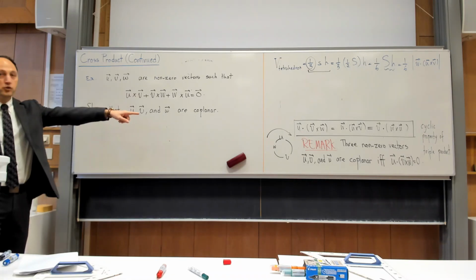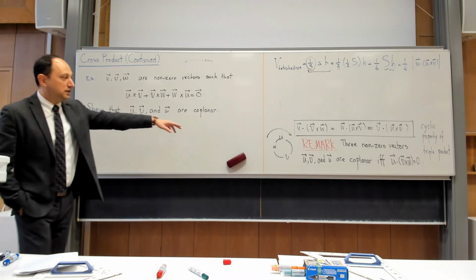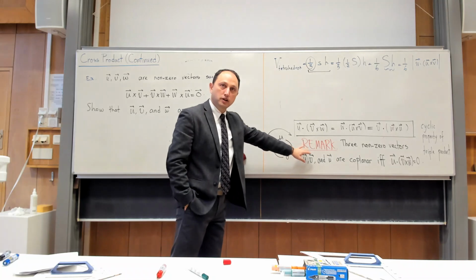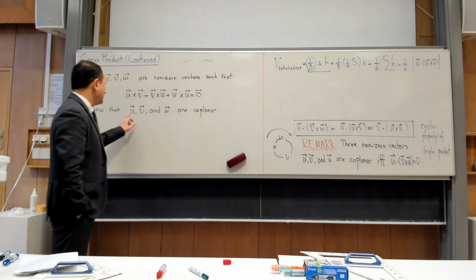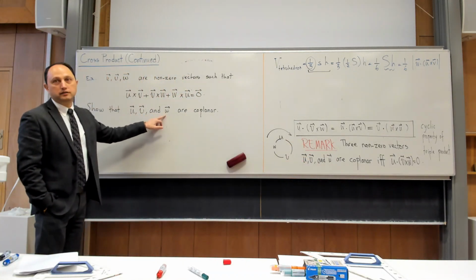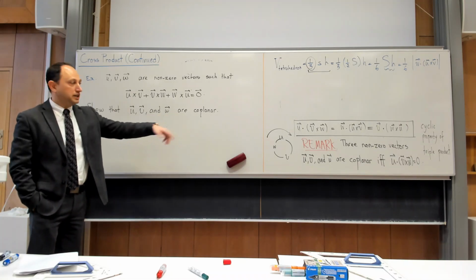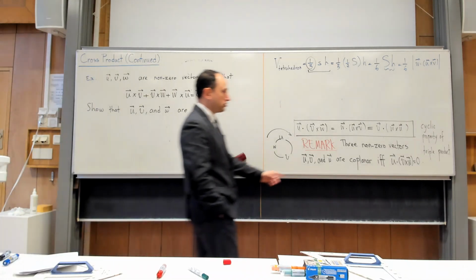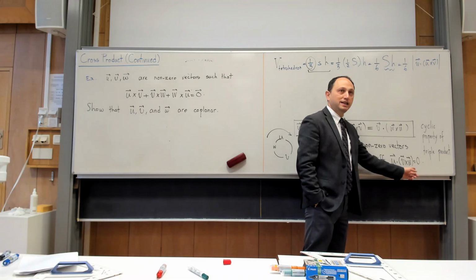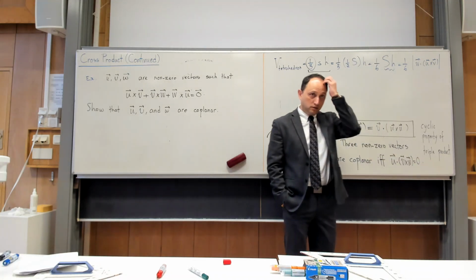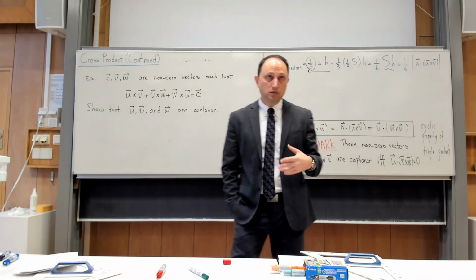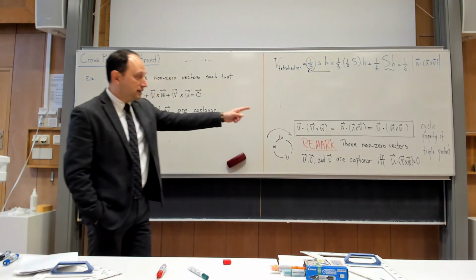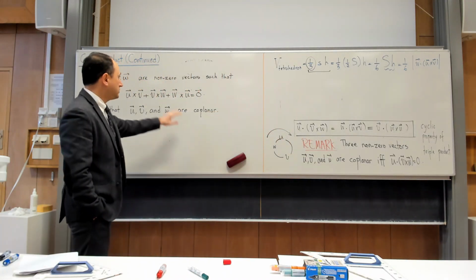This is an example to give you how to use this important remark. I want to show that these three vectors are coplanar. According to that remark, if I succeed to show that this triple product is equal to 0, I am done. So the strategy is clear. My goal is to calculate that triple product using this assumption.